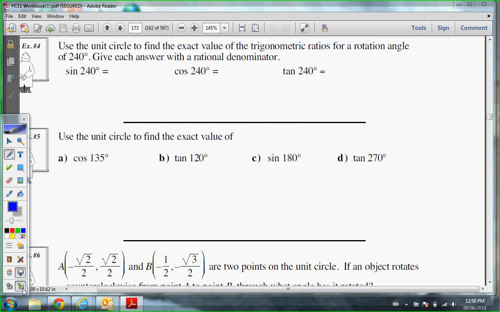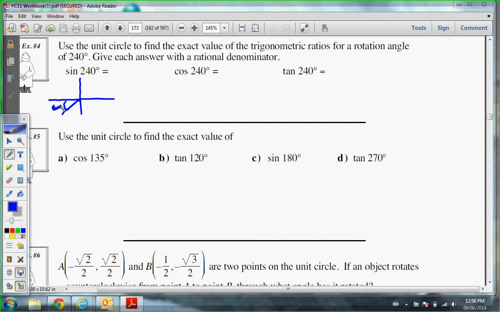Okay, sine 240. Always the first thing you want to do is figure out what triangle it is, the 60, 30, or 45. That's the reference angle. If I'm thinking about it, 240 is down here. It's a 60-degree reference angle. So I want sine of 60.